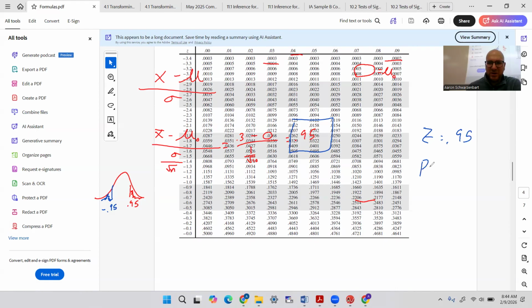That's why they're doing P of Z is greater than 0.95, which I think I'm going to just look up as negative 0.95 instead of having to look up positive 0.95 and do 1 minus. Does that make sense? And that's 0.1711. So my p-value is 0.1711.